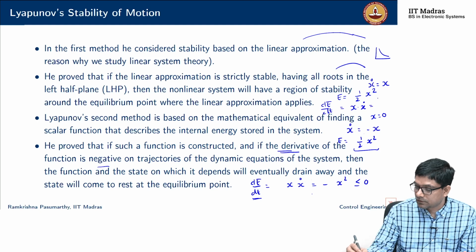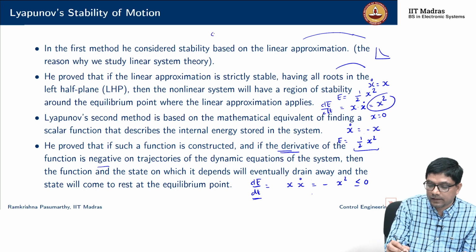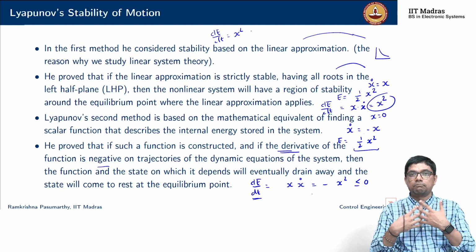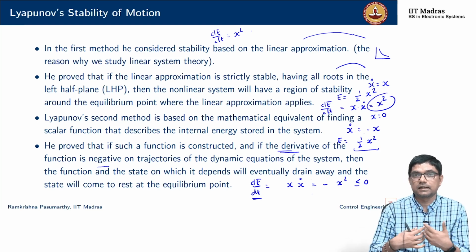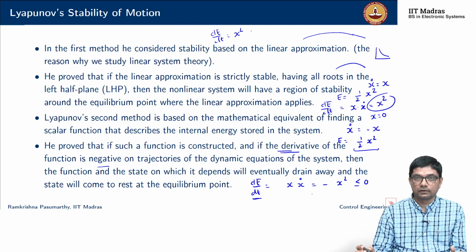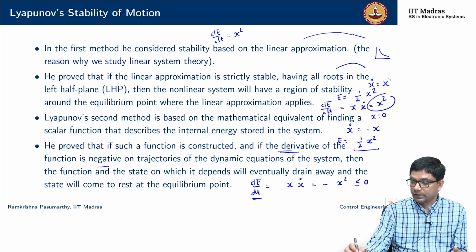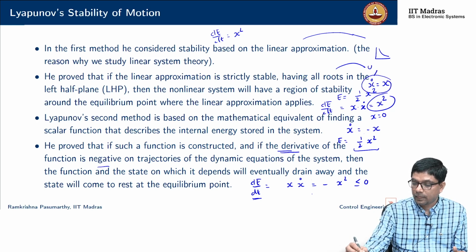So this will be x square. dE by dt is x square, which means this is a positive function, the slope is greater than 0, this is an increasing function all the time, and therefore this system is unstable and the other system is stable.